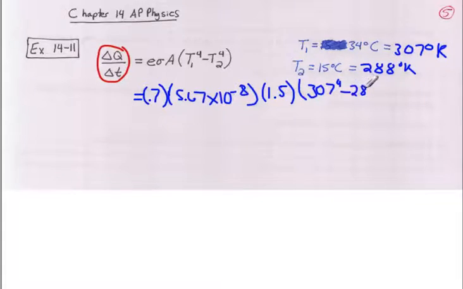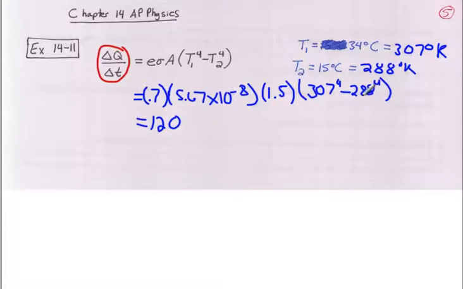You probably want to pick the bigger one minus the smaller one, just so you get the temperature change. That's how I decided. It's nothing big. You could do it the other way and then just take the absolute value of your answer at the end, because it would be negative then, of course. But anyway, you plug those numbers in your calculator, do some significant figures, and you get 120.